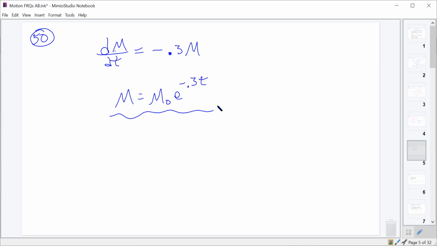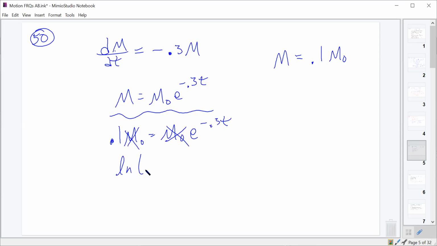This is the formula you should be able to write based on the information given. And then what do they want to know? They want to know when the concentration will be 1/10. So we want the final amount to equal 1/10 of the initial amount. So 0.1 m naught equals m naught e to the negative 0.3t. The m naughts cancel.